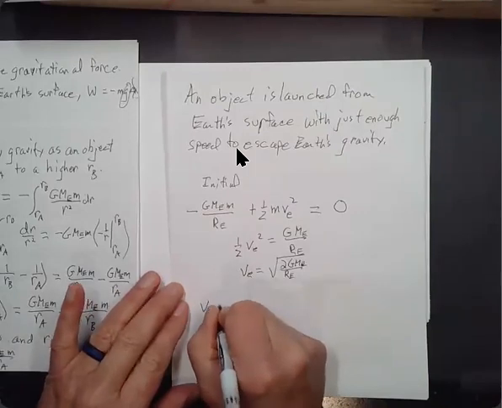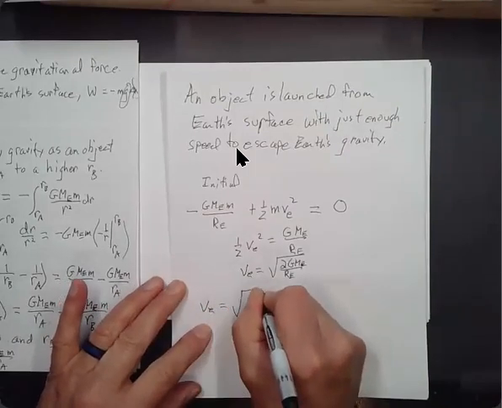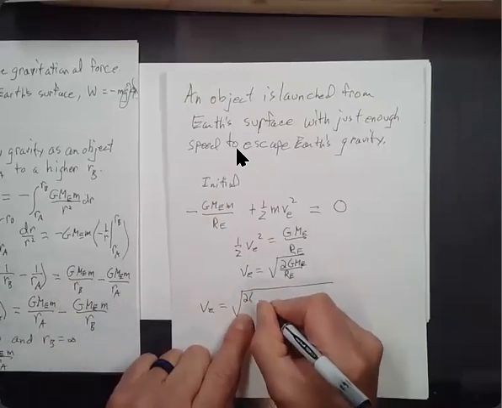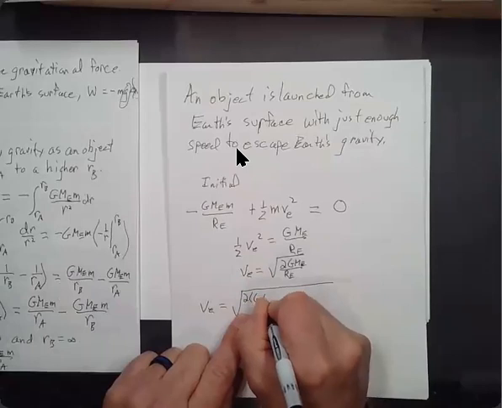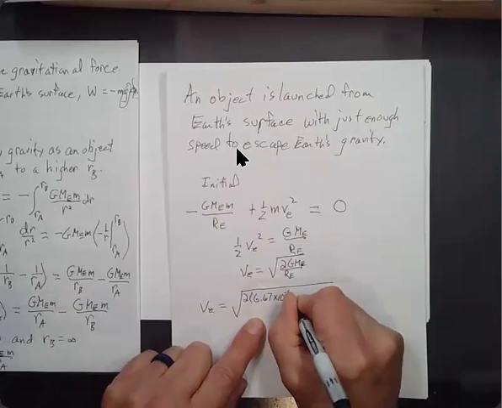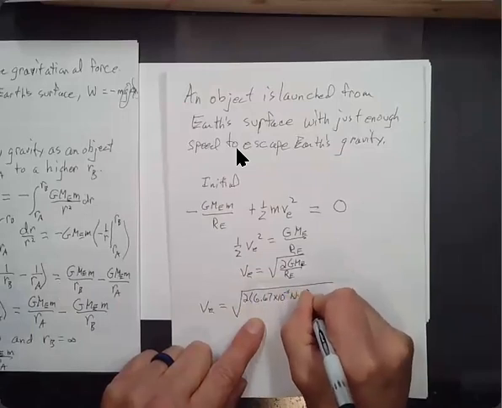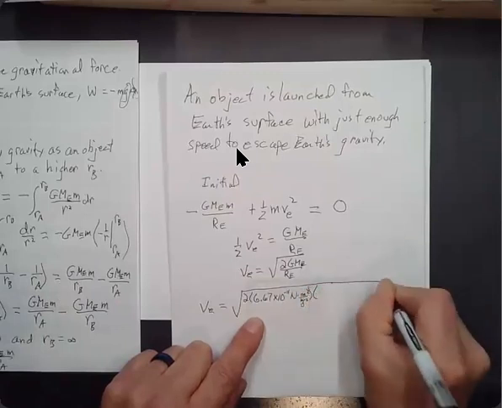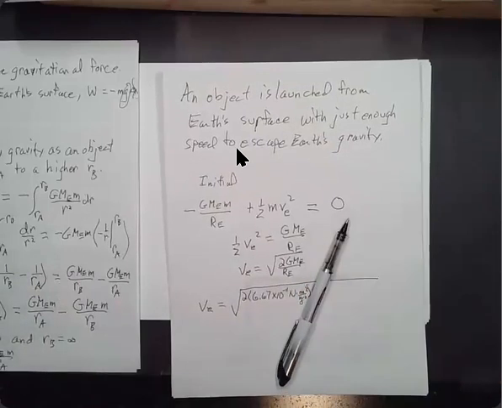v sub E, escape speed from Earth, is going to equal the square root of 2 times G. Remember, G is 6.67 times 10 to the minus 11 Newton meters squared per kilogram squared. And then the mass of the Earth. I need to look that up because I think it's 5.97 times 10 to the 24th kilograms, but I could be wrong.